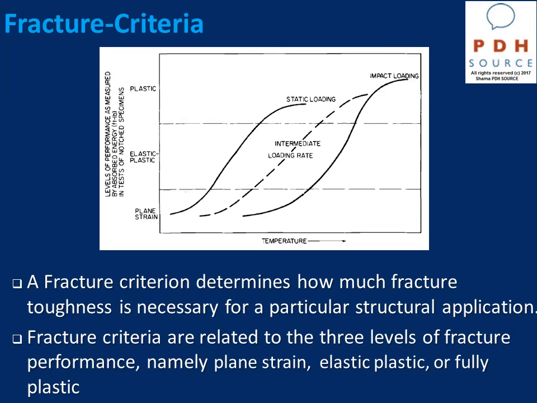For structures subjected to impact or dynamic rates of loading, the impact transition curve should be used to predict the level of performance, and again at the service temperature. For intermediate loading rates, we have to use the curve in the middle.